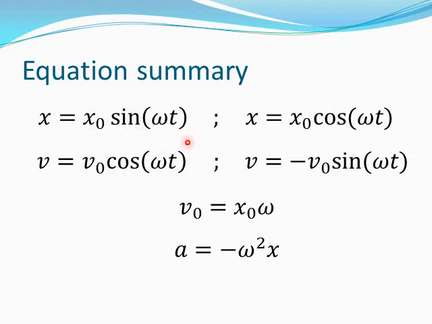Plug in your position versus time. If your position versus time is a sine, plug it in here and it'll be negative sine. If your position versus time is cosine, plug this position into this right here, and it'll be negative cosine. And that way you can know the shape of each of your graphs and their equations. Just make sure that you memorize these two equations.